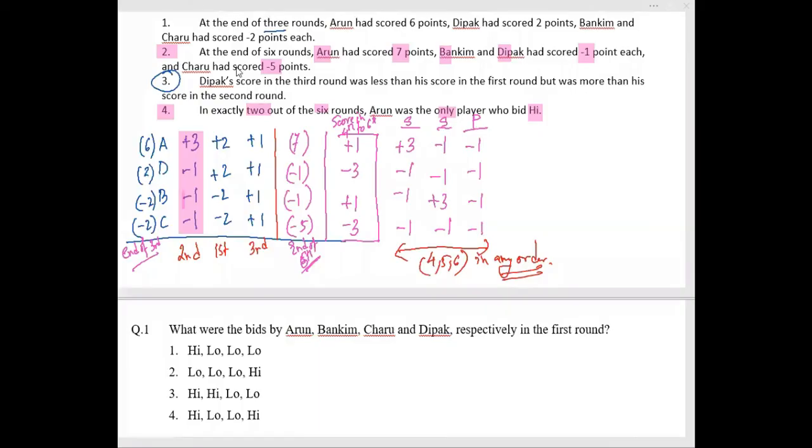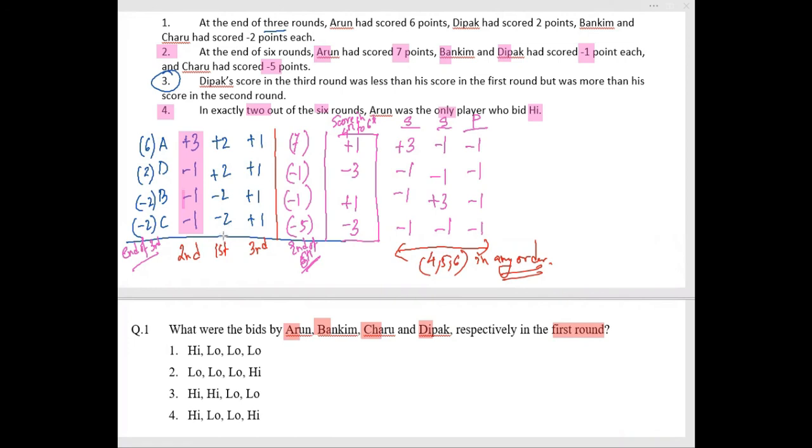Question number 1. What were the bids by A, B, C, and D respectively in the first round? First round A, B, C, D, it should be +2, -2, +2, -2.